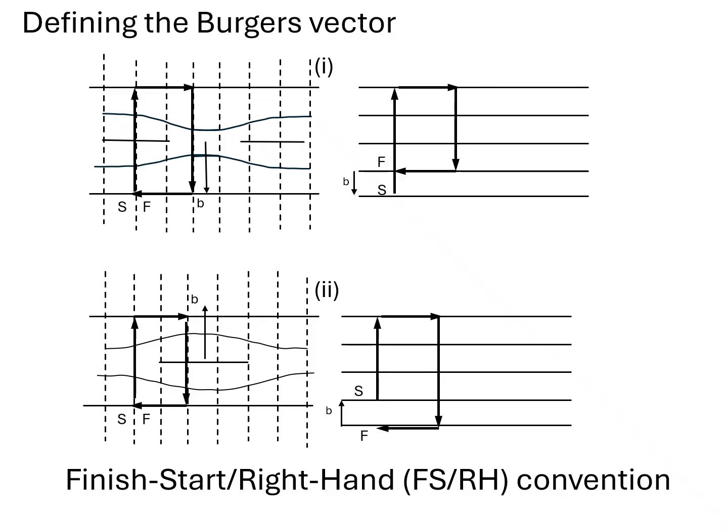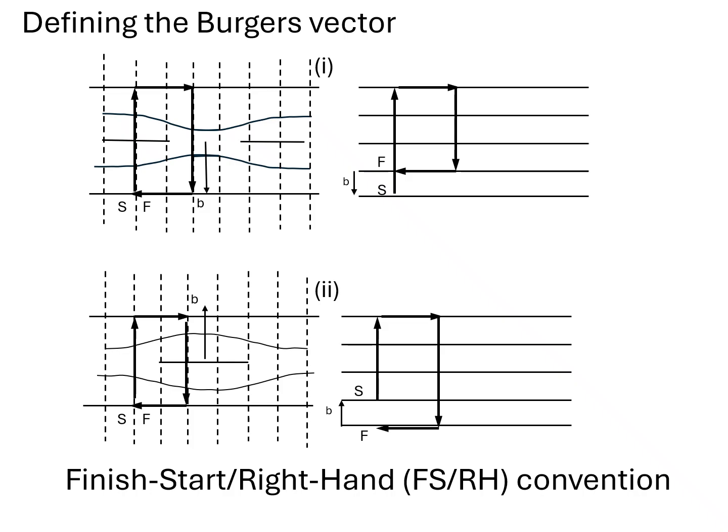So what we do is you draw what's called a Burgers circuit around a dislocation in the loop, noting how many atomic planes you cross, and likewise for the interstitial loop. And then you draw the same circuit, counting the number of planes you cross, in a perfect crystal.